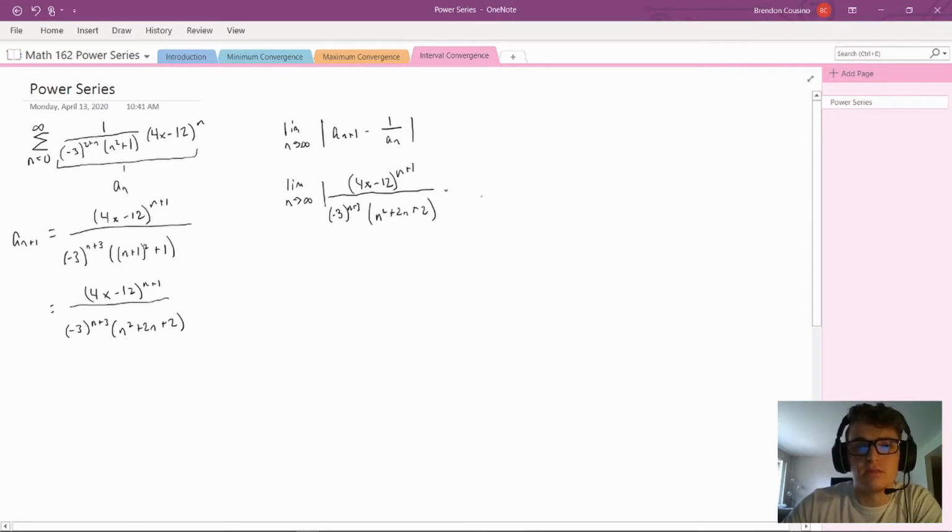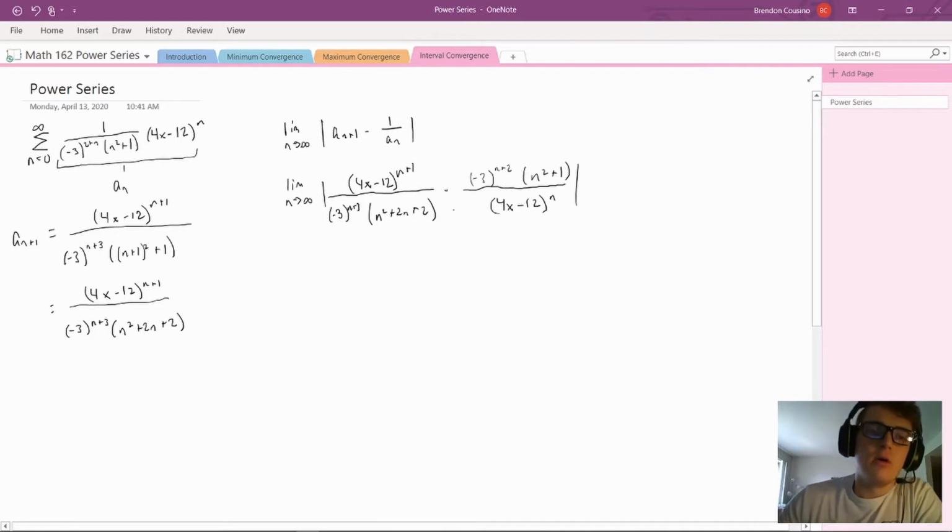And then we're going to multiply by 1 over a of n. So this is going to be our negative 3 to the n plus 2. I'm just going to change the order of that addition so we can do that. Multiplied by n squared plus 1 divided by, and then this is going to be our numerator for our a of n. So this is going to be 4x minus 12 to the n, absolute value.